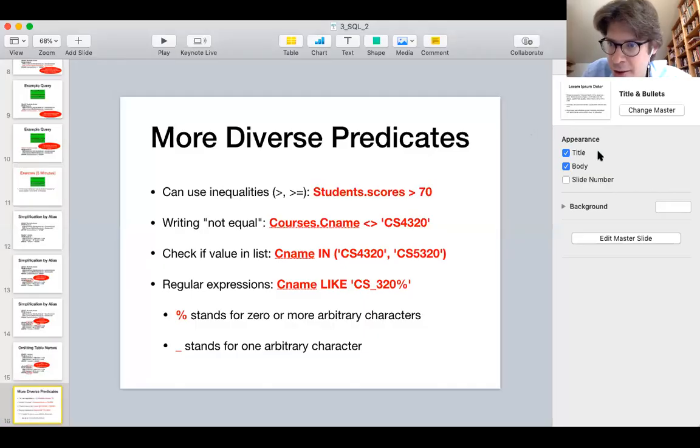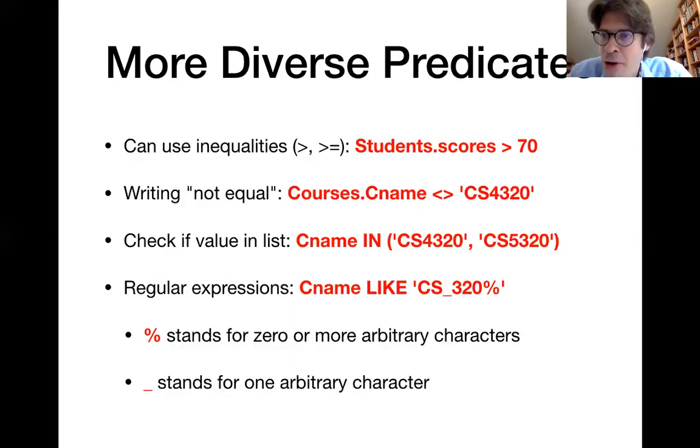Let me quickly move the chat a bit so that I can see more of the slide. And then followed by some arbitrary string. So this percentage sign stands for an arbitrary number of characters, and this underscore stands for one single character.